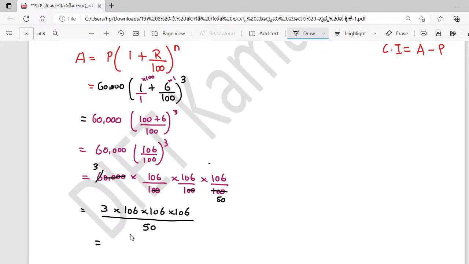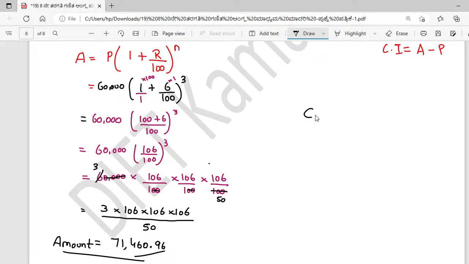If we multiply and divide, we get the final value as 71,460.96, and this is the amount we got. Using this amount value, we need to find the compound interest. Once you check the values, hopefully you got the same value.